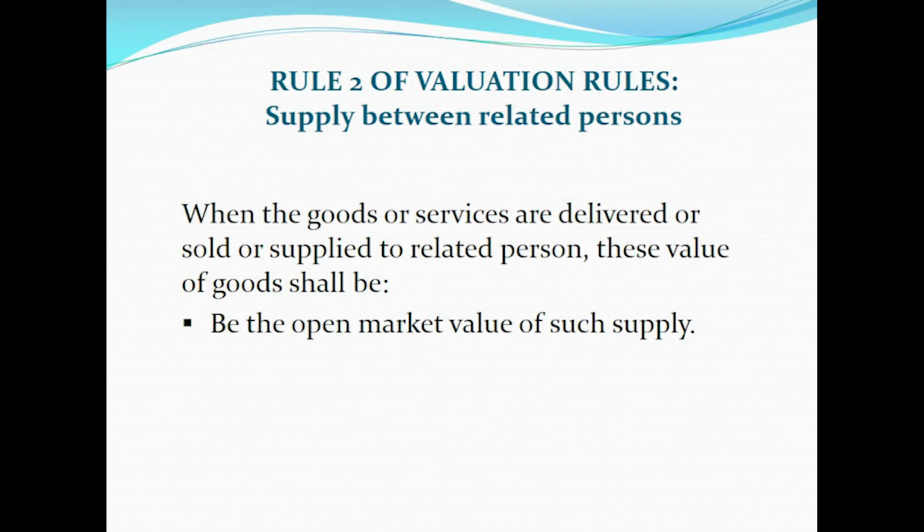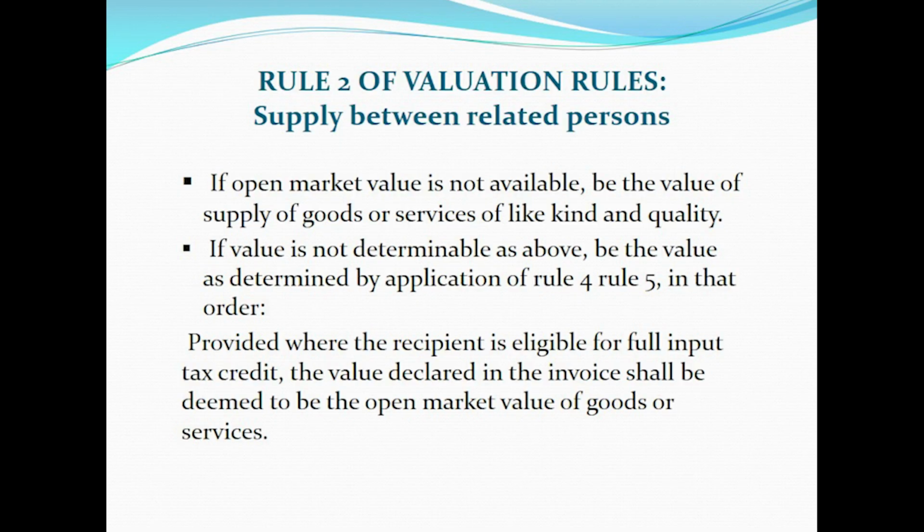Moving on to rule 2, that is, rule 28. Rule 28 of the GST valuation rules talks about the supply between related persons. When goods or services are sold or supplied to a related person, what will be your taxable value of supply? Your taxable value of supply is equal to the open market value of such supply.